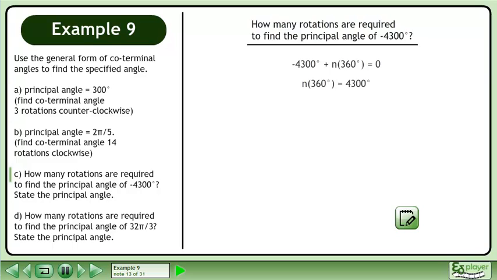Isolate the term with n on the left side of the equation. Divide both sides by 360 degrees. This gives us n equals 11.94.